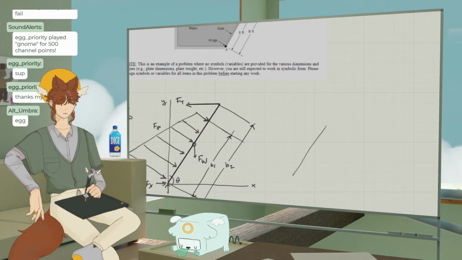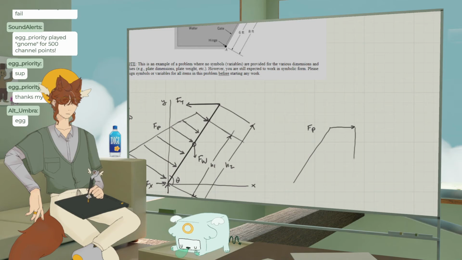Okay, so that initial is something like this. Wait, hear me out. This is FP. This is height 1. This is height 2.